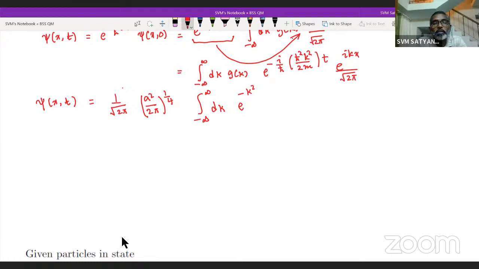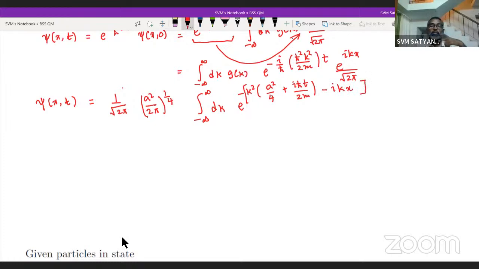Let me pull out a k square into, I have a square by 4 from the g of k, and here I have plus i h cross t by 2m, and minus ikx.